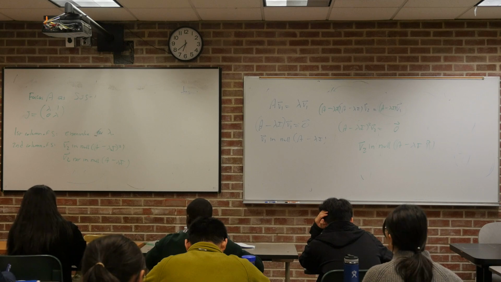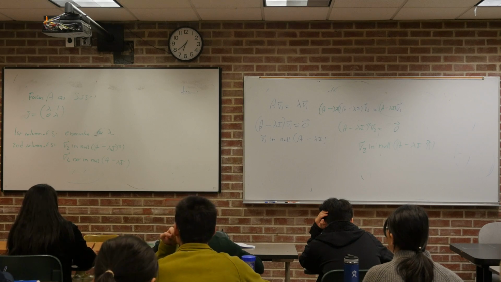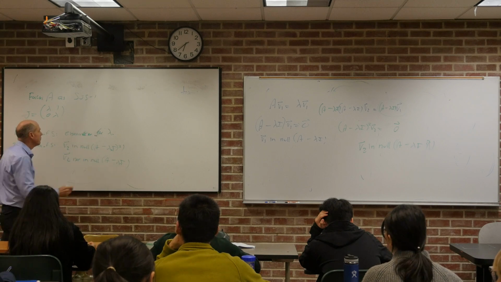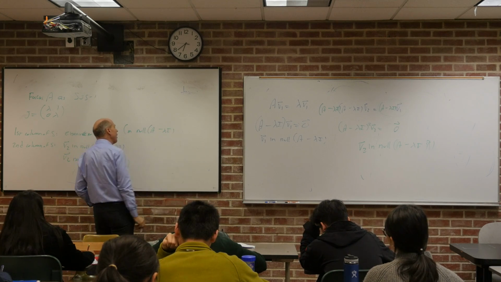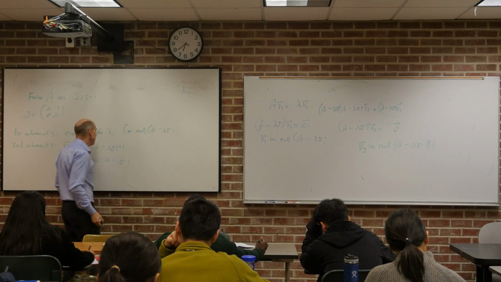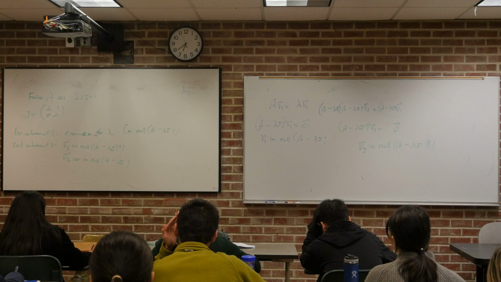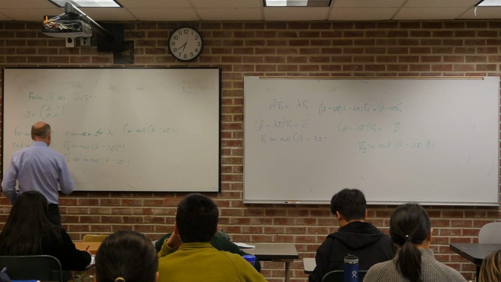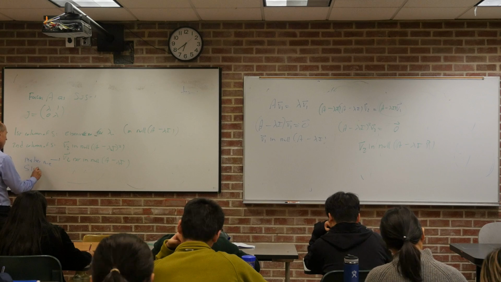So the first column of S is going to be an eigenvector for lambda. In other words, it's going to be in the null space of A minus lambda I. And then for the second column of S, you're going to pick a v2 that's in the null space of A minus lambda I squared. And you have to be careful with this condition to make sure S is invertible.